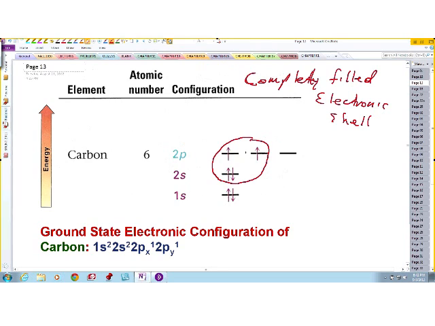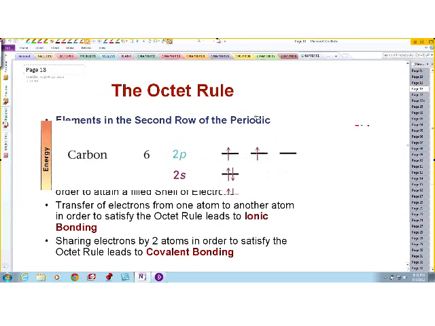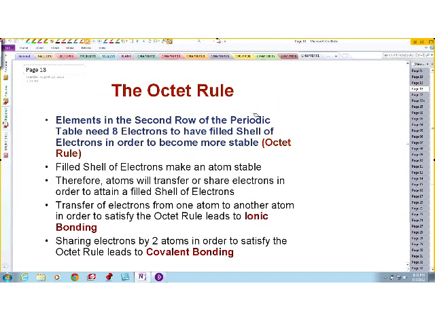If you put 2 here, 1 here, 1 here, everything will be filled, and as a result you have 8 electrons in the carbon valence shell. Because of that, we come up with what we refer to as the octet rule. In other words, atoms will engage in covalent bonds in order to have a completely filled electronic valence shell, and to do that, they need 8 electrons. So we have what we call the octet rule.